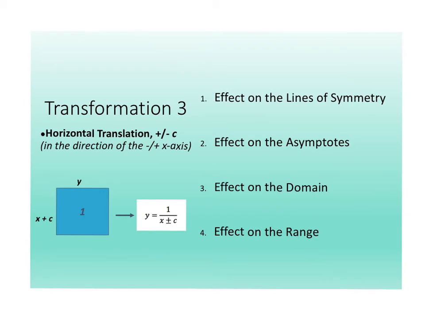Transformation number 3 is the horizontal translation, plus or minus c, in the direction of minus or plus x-axis. Remember, it's not intuitive. From quadratic, from cubic, if it is x minus c, you move to the right. x plus c, you move to the left. Alright, let's use an example.